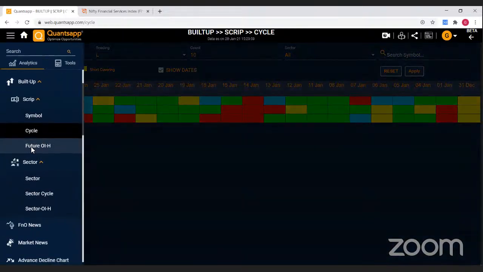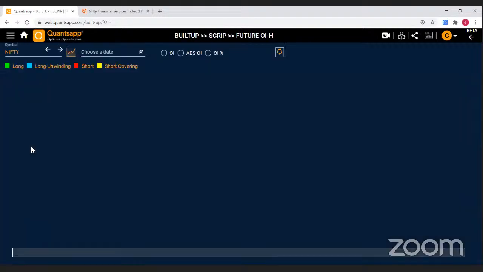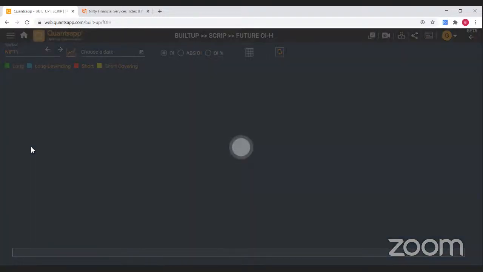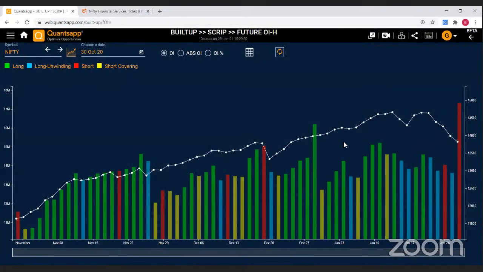Then you have the future OI historical. I think you all are getting clear with the cycle and this scrip tool. Now we are going to look at the future OI historical, and this tool comes in a more practical way.